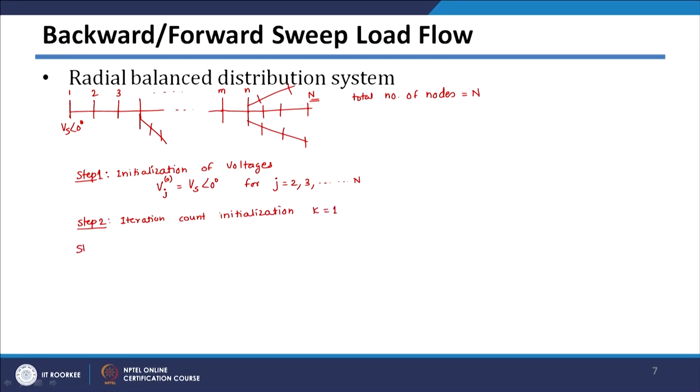Then step 3, we have to calculate your load currents.